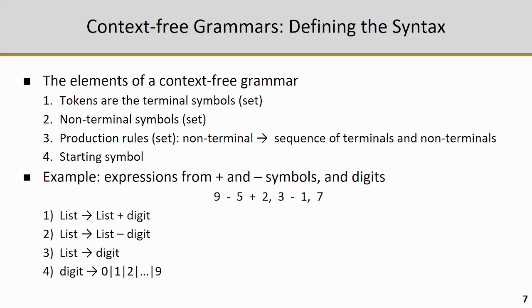So for example, here we have a list of 4 rules, and on the left hand side of the first rule we have the non-terminal list, and that's why it is considered to be the start symbol. And all those symbols which are listed on the left hand side of any rule are considered to be non-terminals, and the remaining symbols are considered to be terminals.